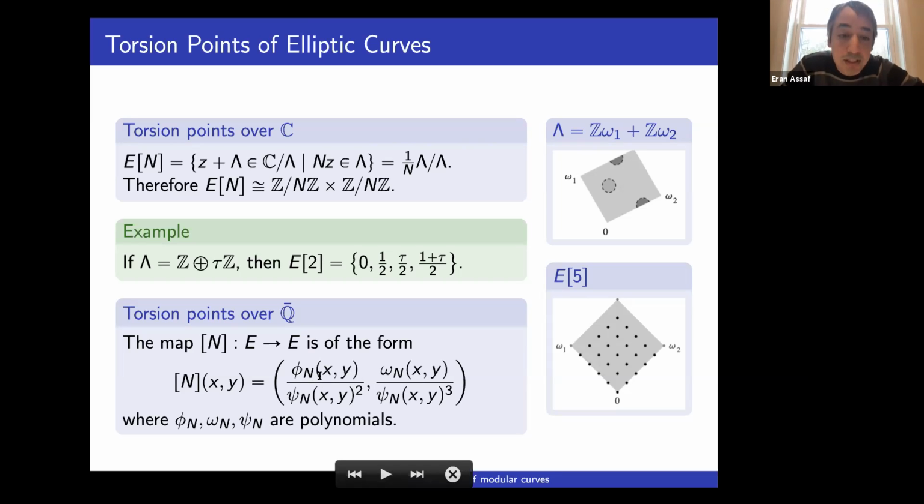So all these symbols here, phi n, omega n, psi n, are just polynomials in x and y. And the main reason that is important is because in order for a point to be a torsion point of order n, a point of finite order n, we just need this to vanish. So we need n times the point (x, y) to be the 0 point. So obtaining the 0 point is the same as having these denominators here vanish. So it's a polynomial condition on x and y. We just want psi n to be 0.